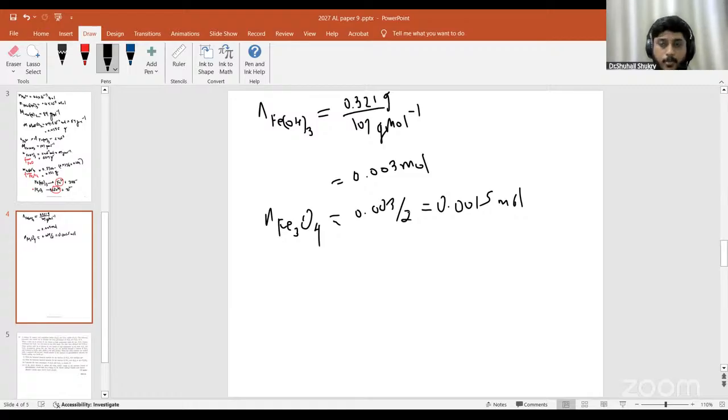If you know the Fe2O3 moles, the only thing left is to find the molar mass of Fe2O3. What is the molar mass of Fe2O3?